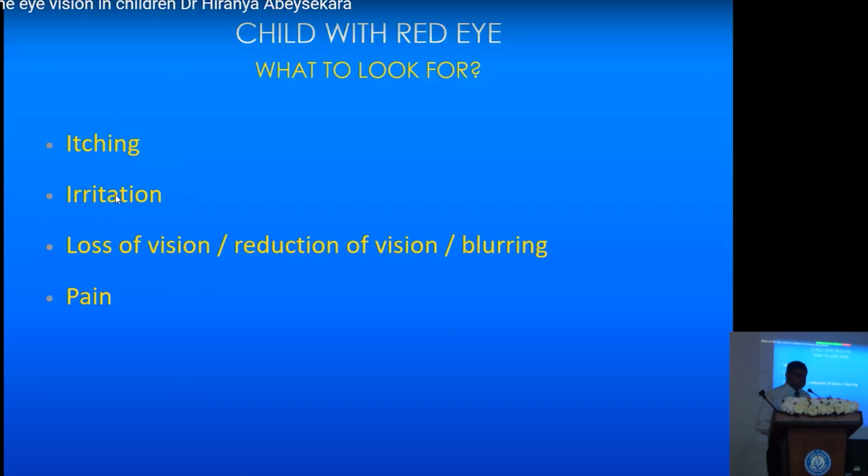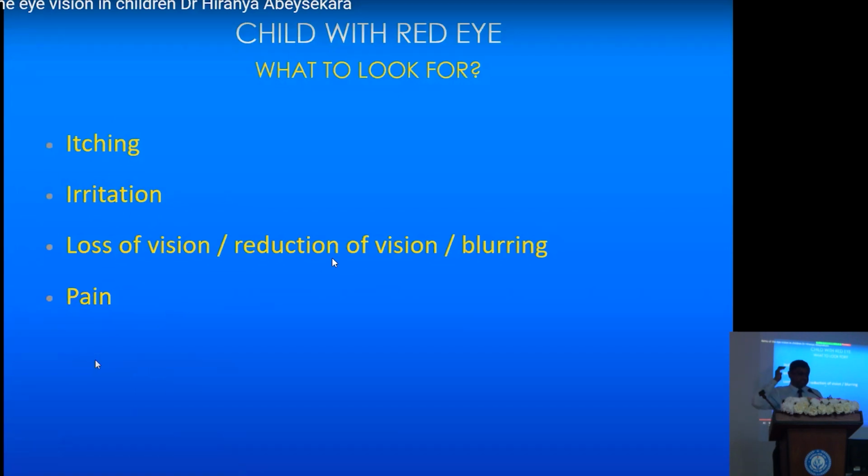So irritation is a key feature of conjunctivitis and keratitis, things like that, which need referral to an ophthalmologist. So loss of vision, reduction of vision, blurring, things like that. Children are very vague.